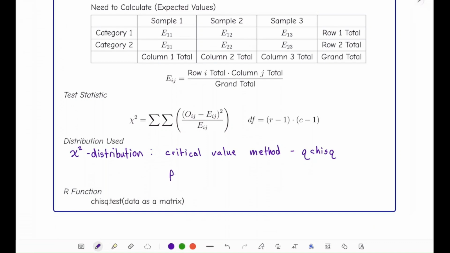And for the p-value method, we'll use P chi-square. Again, though, most of the time we are just going to use the R function chi-square.test, with the data as a matrix, just like with the test of homogeneity.